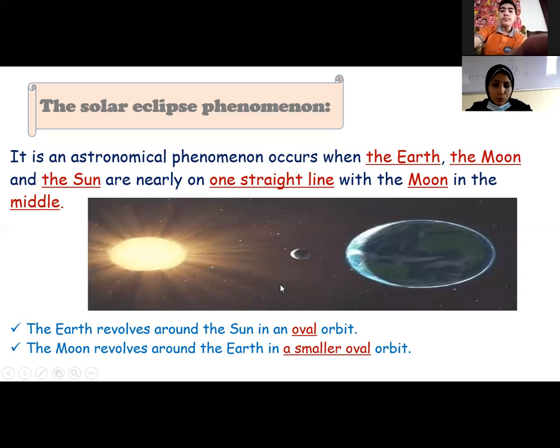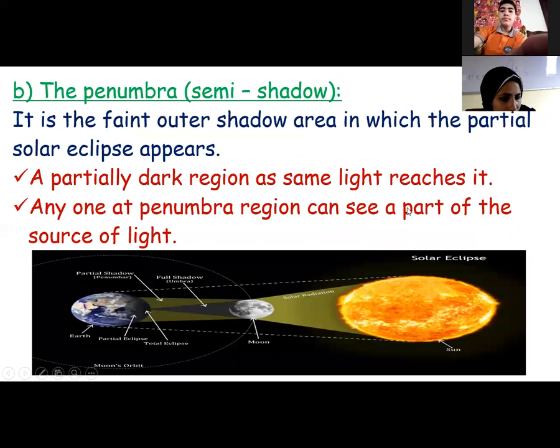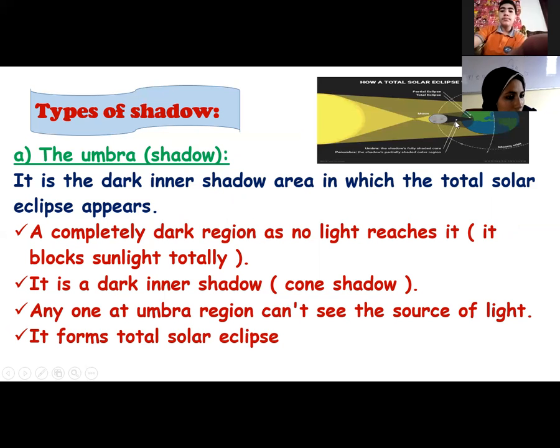Okay, so there are three types of shadow. Number one, as we said, the moon is in the middle, and this is the sunlight.